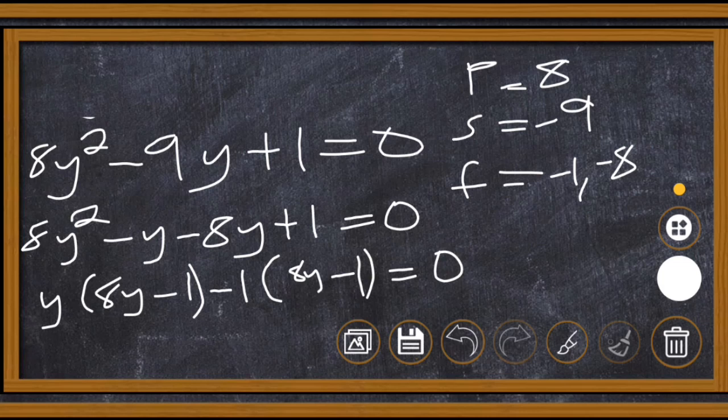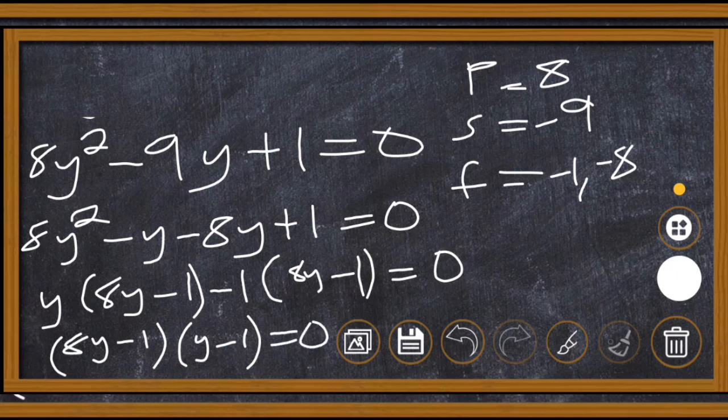So in this case, since this and this are the same, they are called the common terms, so we only write one of them. And then you also write the values that are outside the brackets, that is y and negative 1. Okay, all these equal to 0.